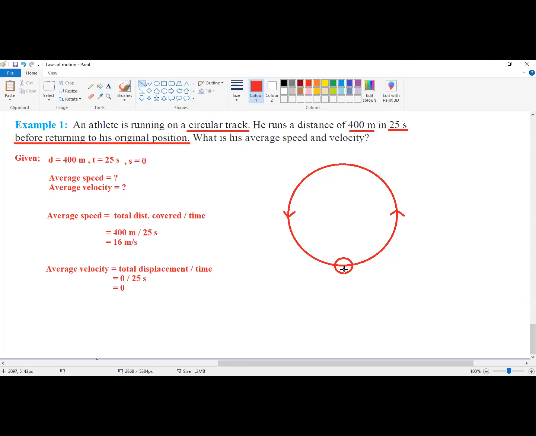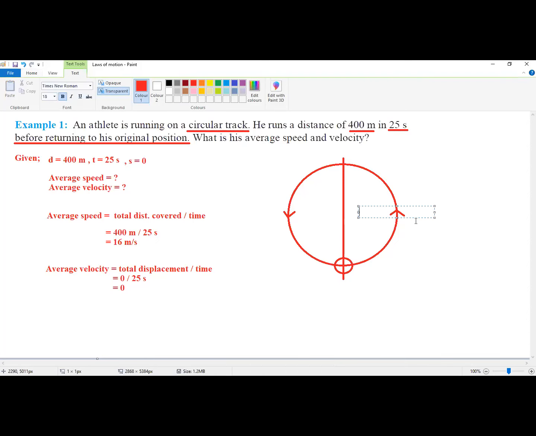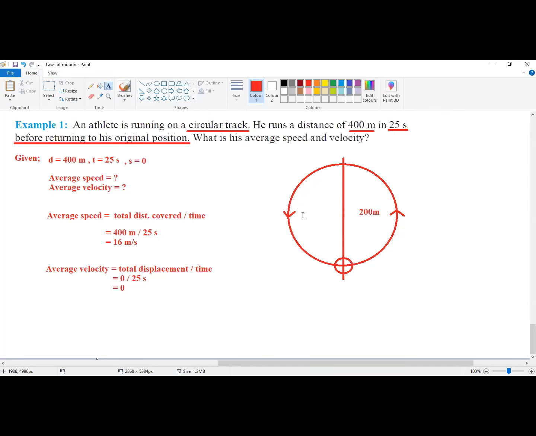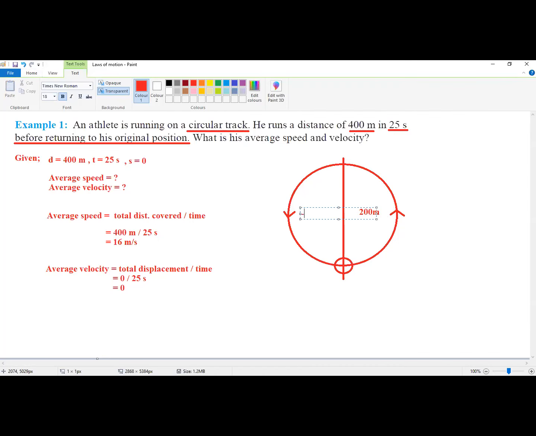So what is the total displacement? Suppose the half distance is 200 meters. While moving along this direction, he displaces by 200 meters, and while coming back, he displaces by the same amount but in the opposite direction.